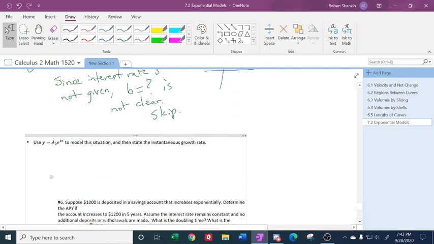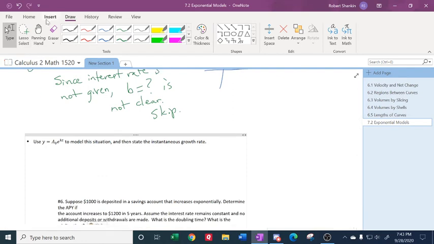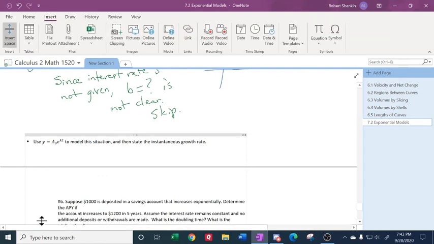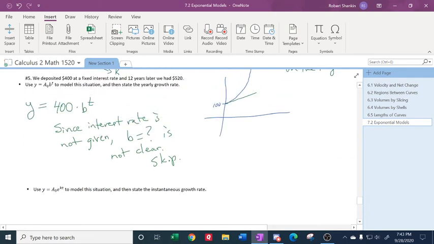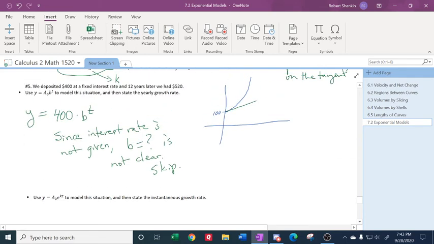Right, so now use this to model the situation, and state the instantaneous growth rate. So fixed interest rate. We're going to say y equals 400 e to the kt.